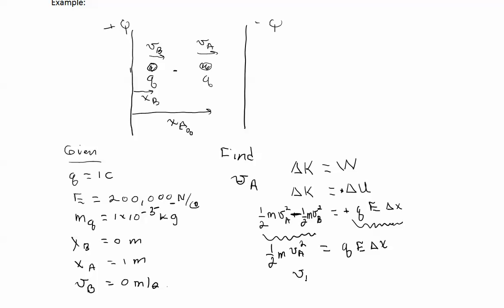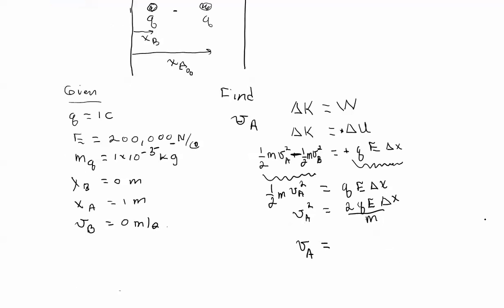So v sub A squared is 2QE times the displacement over the mass. And I find that the velocity at position A is 20,000 meters per second.